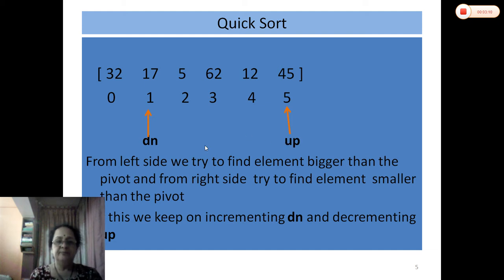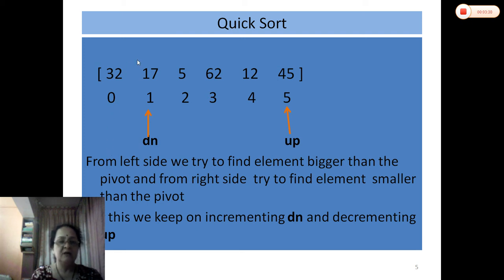Now down is pointing towards 17 and up is pointing towards 45. From the left side, we try to find an element which is bigger than the pivot.